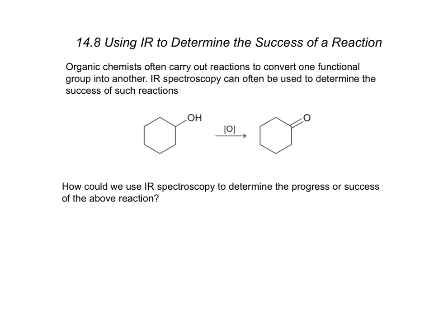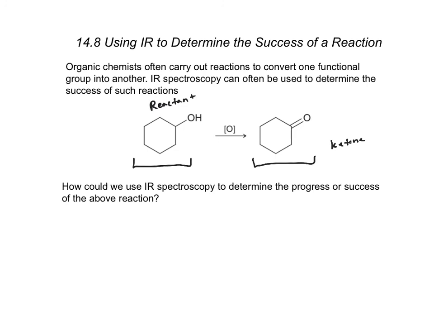For example, let's say I had a reaction where I was taking a reactant here, with a nice alcohol group, and I was trying to oxidize it to this ketone. How could I utilize IR spectroscopy to tell me whether or not this reaction had been successful?